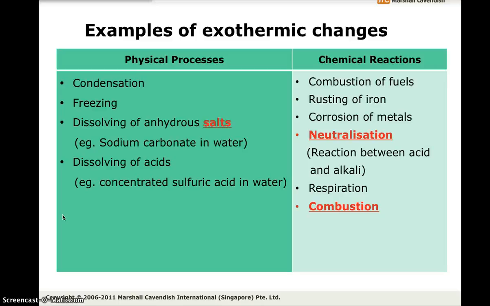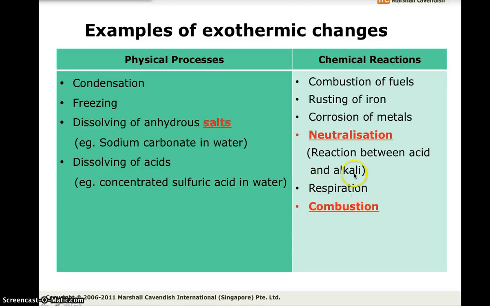Now let's take a look at the chemical reactions. Combustion of fuels, rusting of iron, corrosion of metals, neutralization, the reaction between acid and alkali, and respiration. All of these release a lot of heat energy, and the temperature of the surrounding rises. Pay close attention to neutralization and combustion.